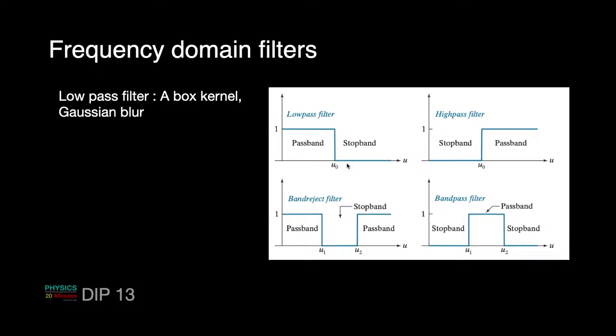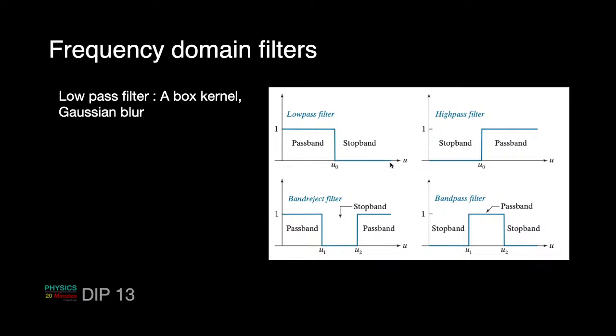This profile is multiplied to the frequency spectrum. So you can see that the value is 1, which is maximum, up till u0. So 1 multiplied to any frequency component will not alter its value, so it will remain the same. After that, all the values are 0.